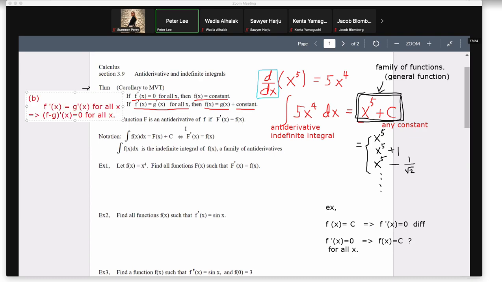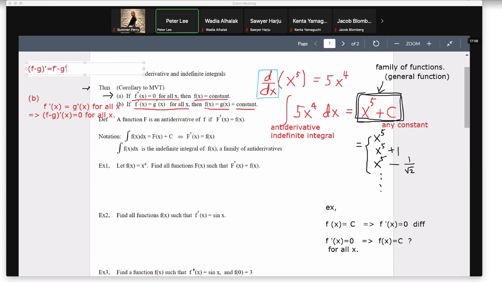Okay, so if f prime of x equals g prime of x for all x, that means (f minus g) prime of x equals 0, because we can move this g prime of x to the left hand side, and you can see that one of the differentiation rules we have is that f minus g prime is equal to f prime minus g prime.